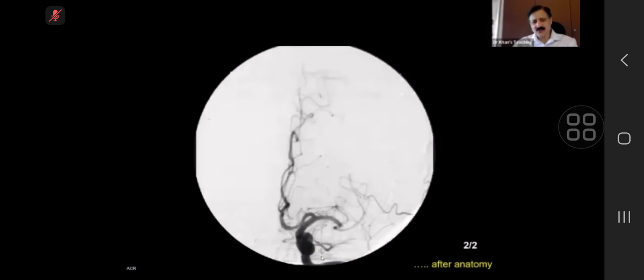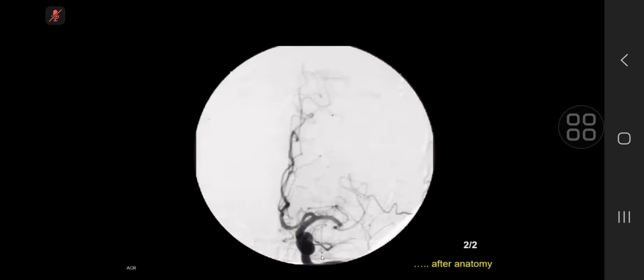Okay, so I will show you an AP view. Same case, by the way. The MCA isn't going out as far laterally as I would like.